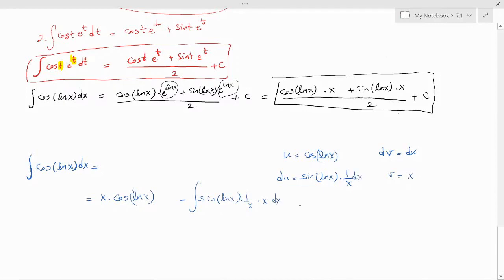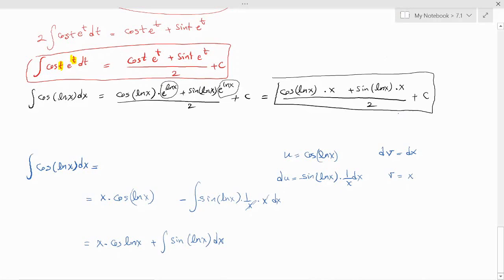Here's the dx, and here these two will cancel out. So what we get is x times cosine ln x, minus minus would become plus, the integral of sine ln x dx.